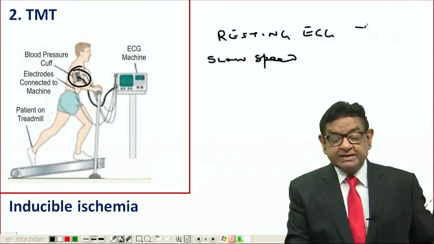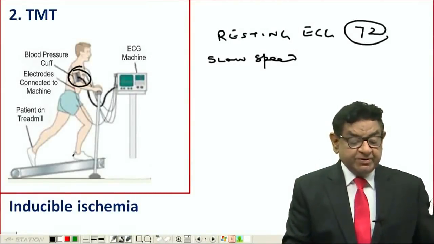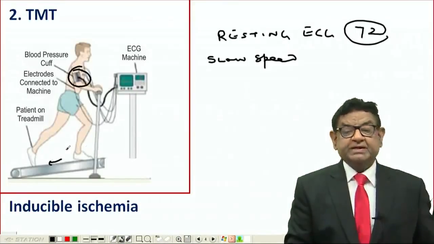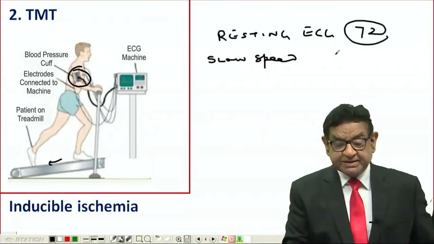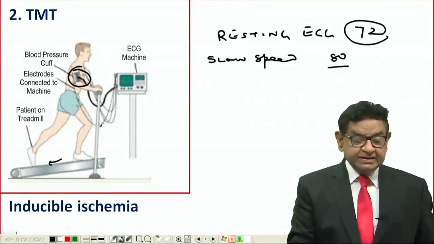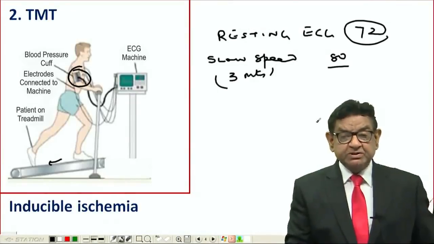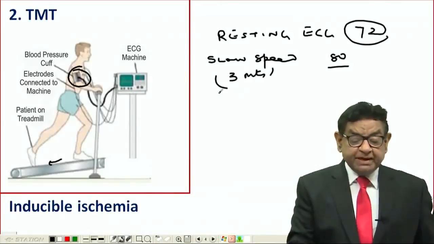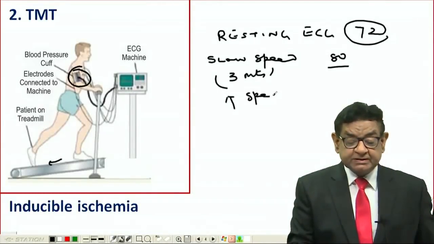Suppose the resting ECG heart rate is 72. As the belt moves, the patient has to move automatically. Now the heart rate will definitely increase, maybe 80, 85, and this machine runs for 3 minutes. After 3 minutes, the speed automatically increases.